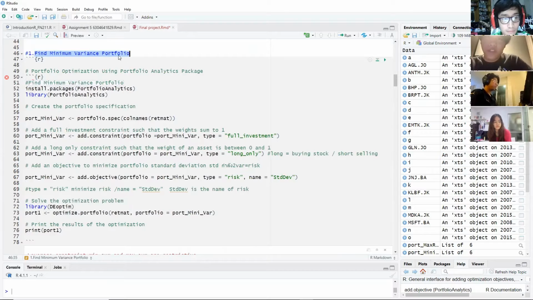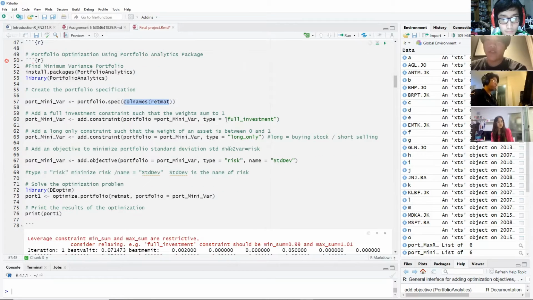So first, we download the application to calculate the portfolio. Then we create a portfolio and use the information from the calculation. There are two constraints. First, full investment: investing all our money.